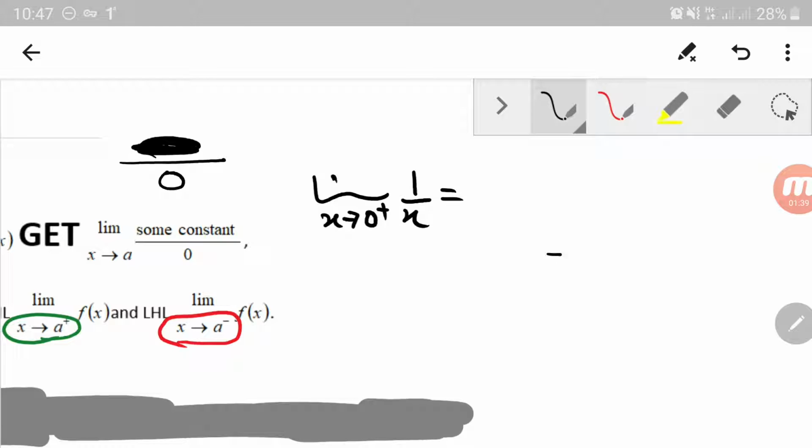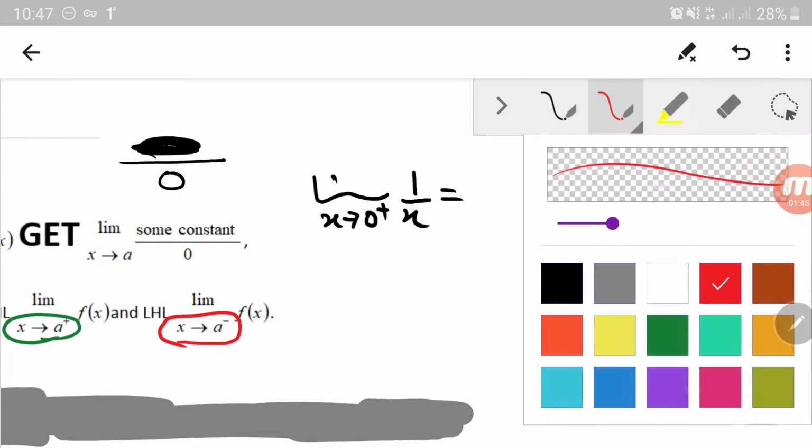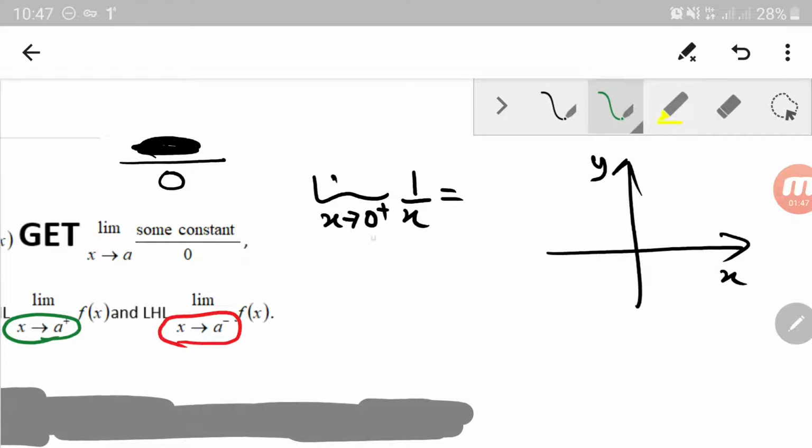So let's sketch the x and y axes. x approaches 0 from the right means like this, 0 from the right.